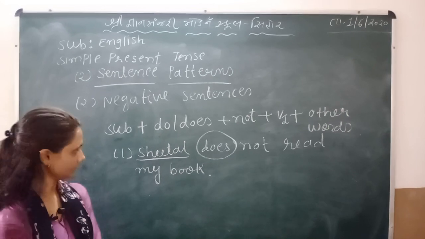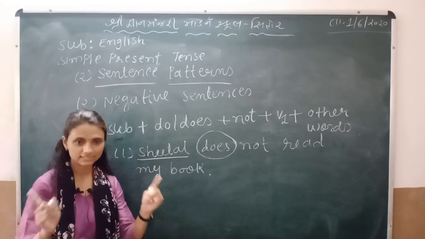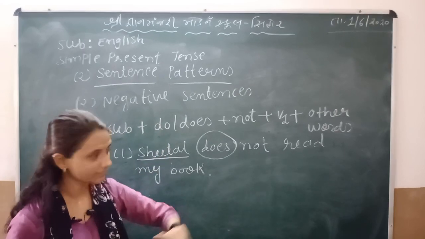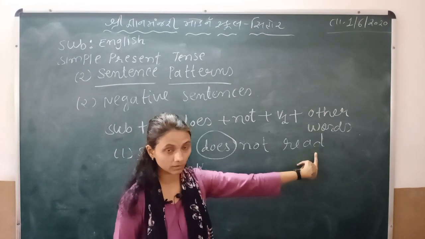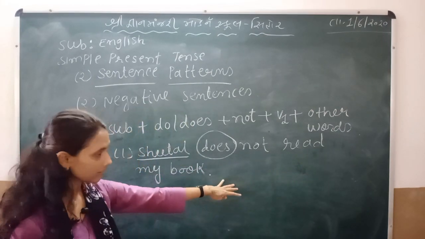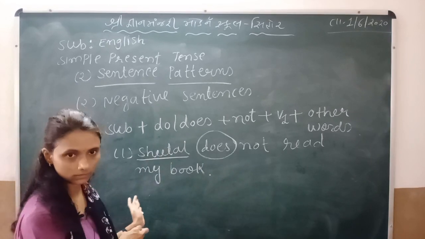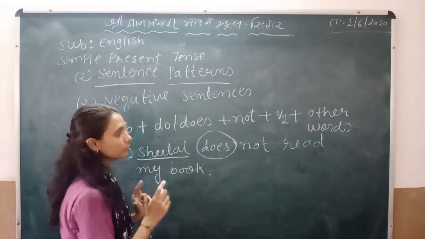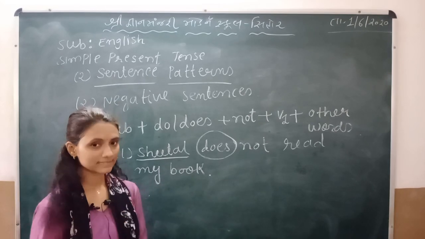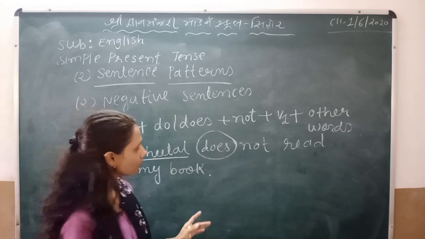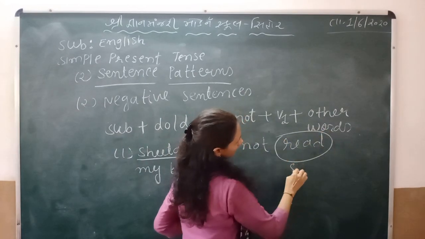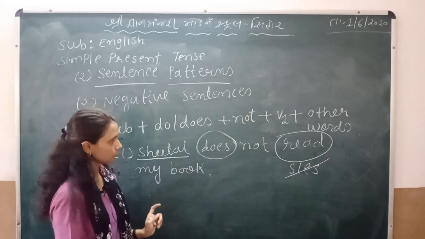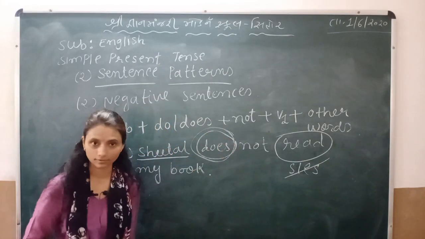And remember one thing: in affirmative sentences I have told you that third person singular takes s or es with the verb. But my friend, don't forget that we are dealing with negative sentences, and in negative sentences, listen carefully, you are not allowed to use s or es with the verb, because we have already taken a helping verb here.